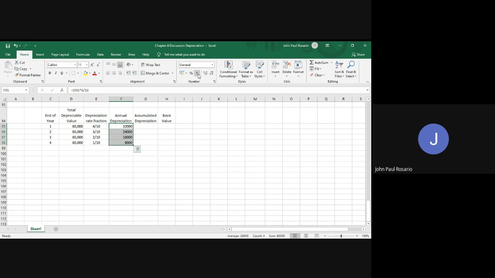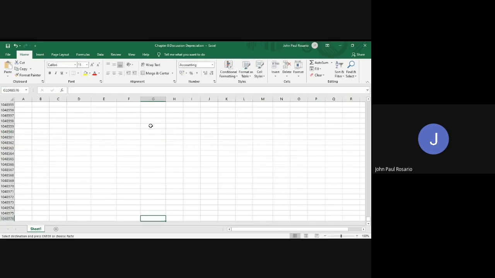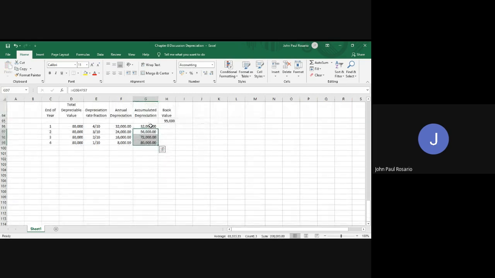Okay? So for your accumulated depreciation, oh, I forgot to put a book value here again, 95,000. For your accumulated depreciation, again, you just add the depreciation for the year to the previous accumulated depreciation, and you continue that along the table. And for your book value, again, it's the original cost, and then we deduct from that our accumulated depreciation.